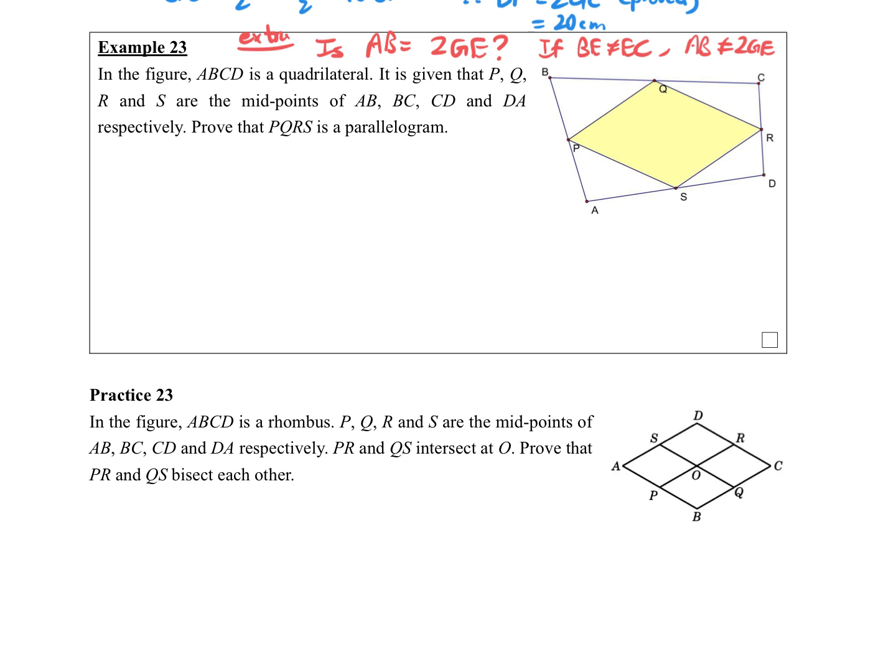By the way, this is a correctly set question. So based on the conditions, I'm saying these two are equal, these two are equal, these two are equal, and these two are equal. Can you see what I see?